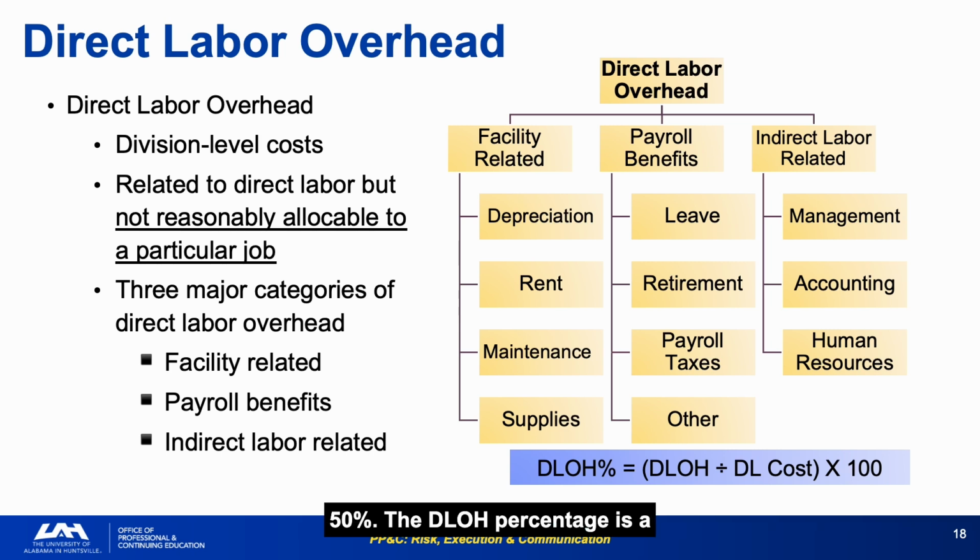The DLOH percentage is a function of both fixed costs, which remain constant, and variable costs, which vary with the workforce. So the relationship between DLOH and headcount is not linear. Always get the pool and base assumptions behind any overhead rate before accepting it. A rate that looks competitive can be misleading if the base assumptions are aggressive.